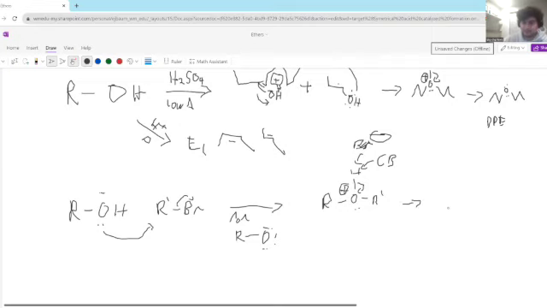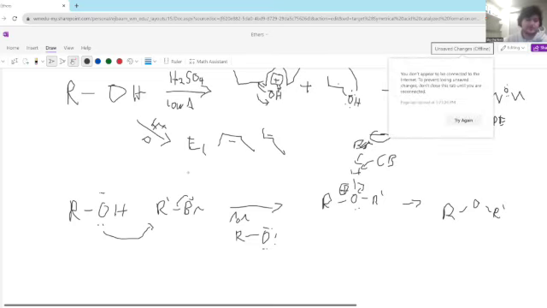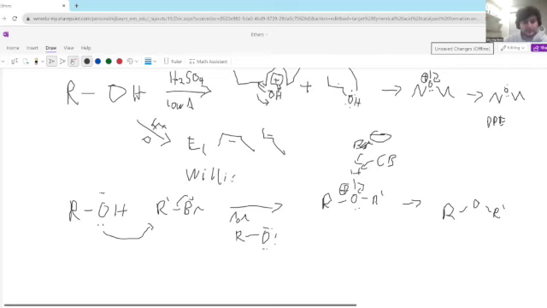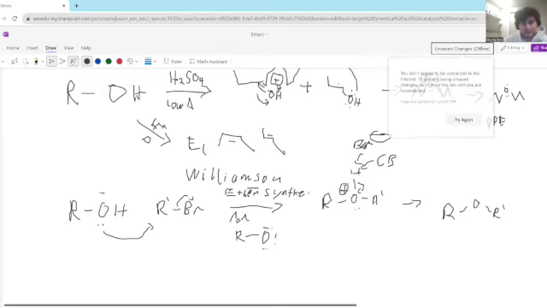Now, because of this, this also has a special name. This is called the Williamson ether synthesis, named after Williamson.